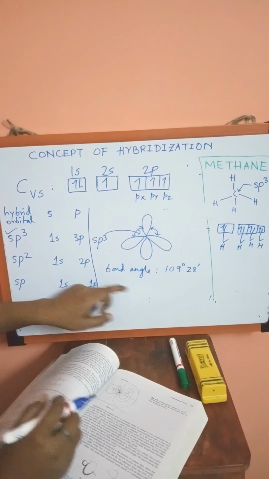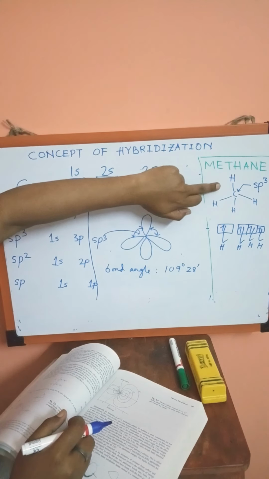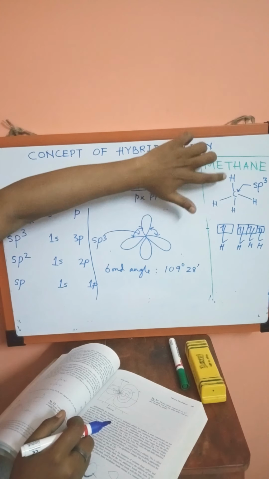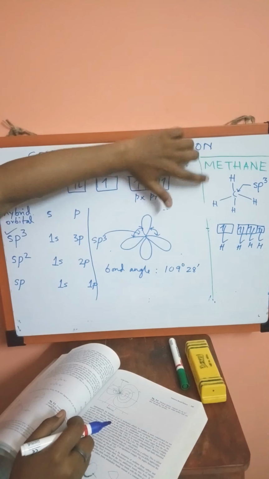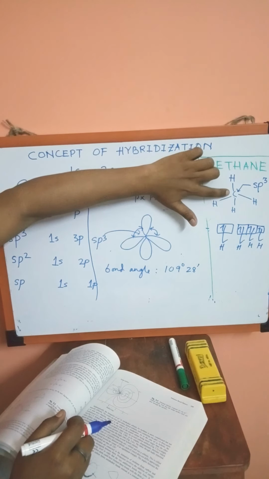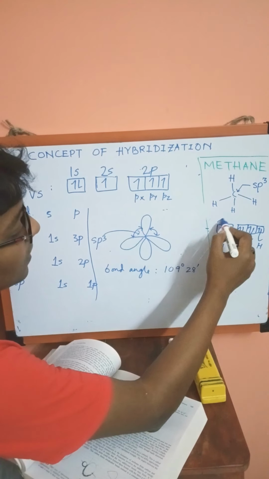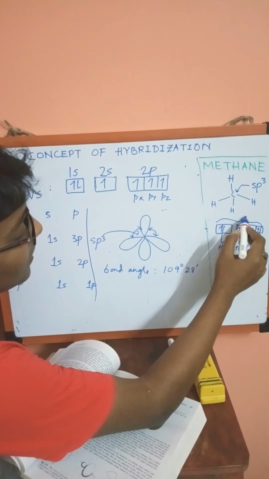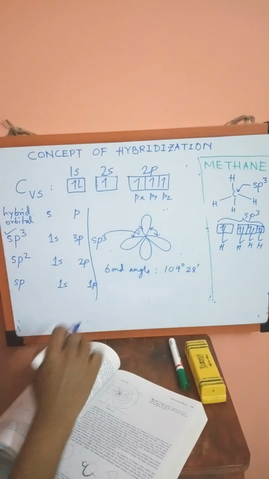This is a typical bond angle of tetrahedral molecules. The perfect example is what you are observing here in methane, where you have an sp3 carbon which is tetrahedral in shape. That means it has a mixing of s and 3p, thereby forming sp3 hybridization.